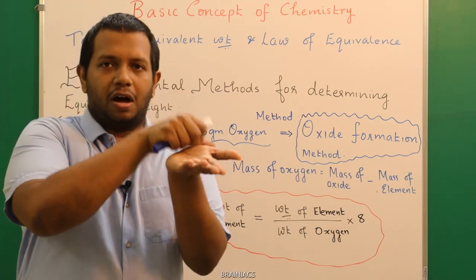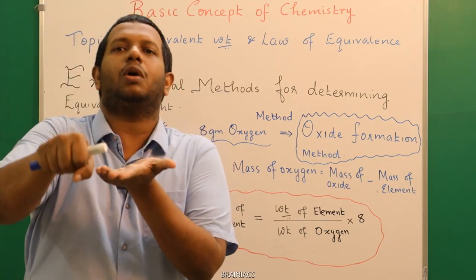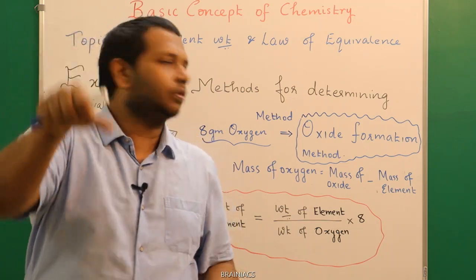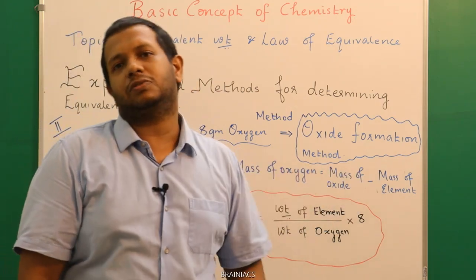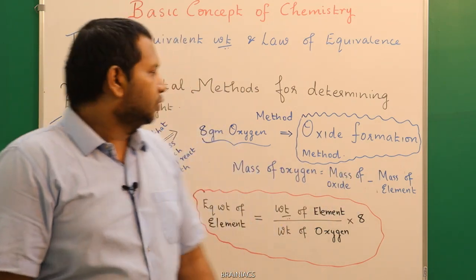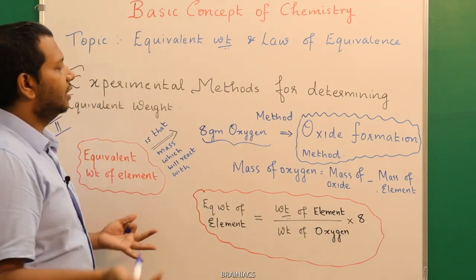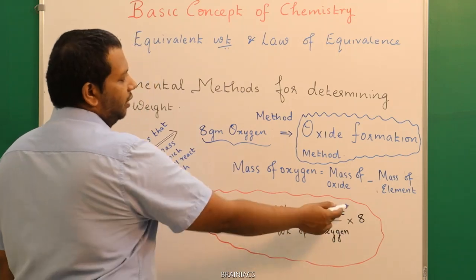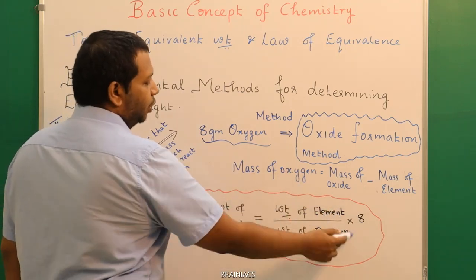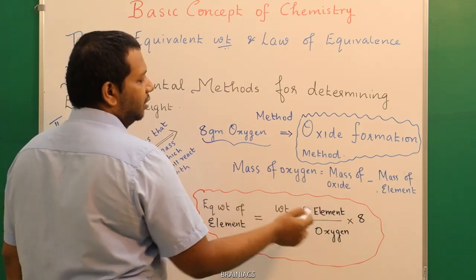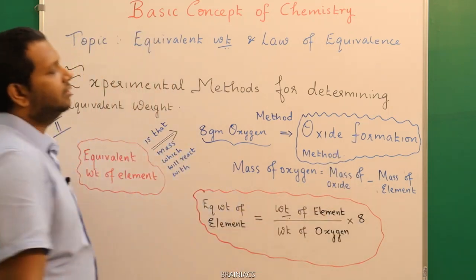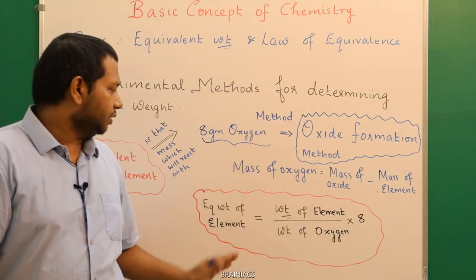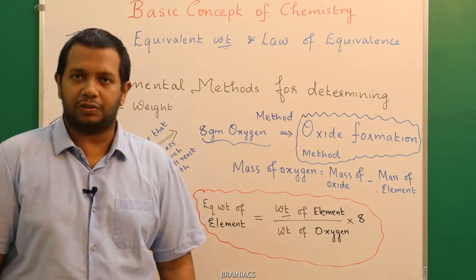So if you know the mass of the element and if you know the mass of the oxide, oxygen will be mass of the oxide minus mass of the element, correct? So then thereafter equivalent weight of the element is equal to weight of the element that you have taken, divided by weight of the oxygen that you have determined by this method, multiply by 8. This is called oxide formation method. So from this you will get the equivalent weight of the element.